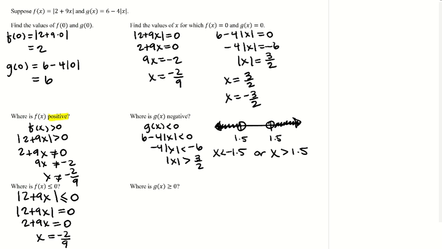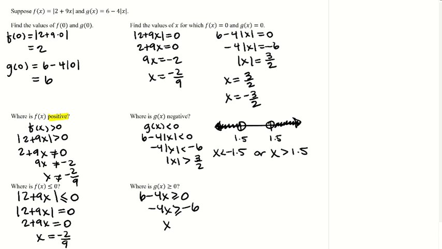And then where is g of x greater than or equal to 0? Okay, well, you can't just say all real numbers because g of x is not just an absolute value. So 6 minus 4 absolute value of x is greater than or equal to 0 when negative 4 absolute value of x is greater than or equal to negative 6.